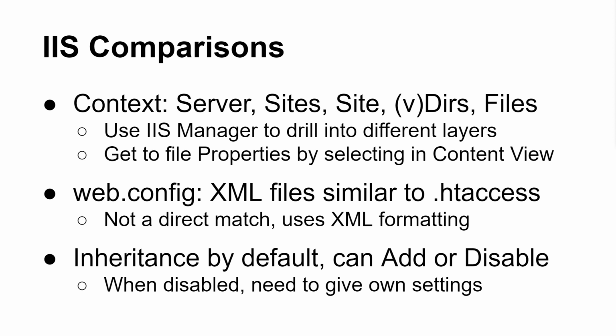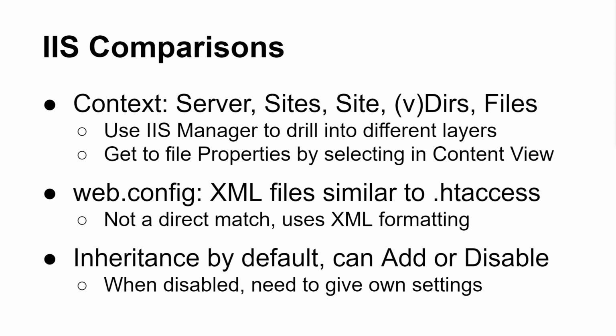Into a file-specific property, you're going to have to toggle back and forth between directory view and content view. So you'll have to get to the directory in question. At the bottom of the screen in IIS, there should be a content view button. It will switch to showing you the files in that particular directory.